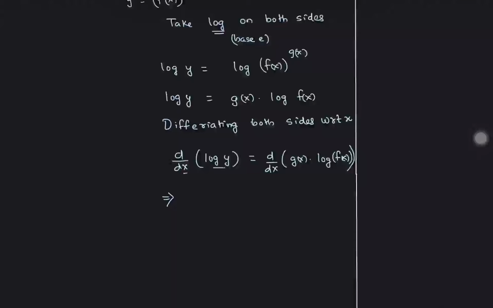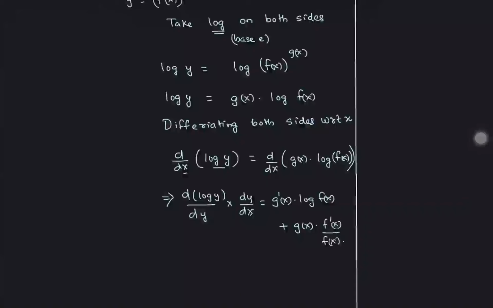So if you apply the chain rule, you are finding the derivative of log y with respect to variable y, and you are differentiating y with respect to x. Okay, and on the right hand side you will apply the product rule. So that gives you g dash x multiplied to log of f of x plus g of x multiplied to f dash x over f of x.